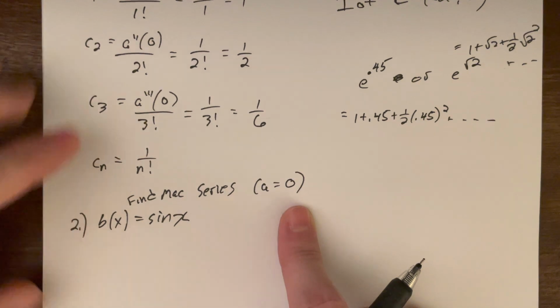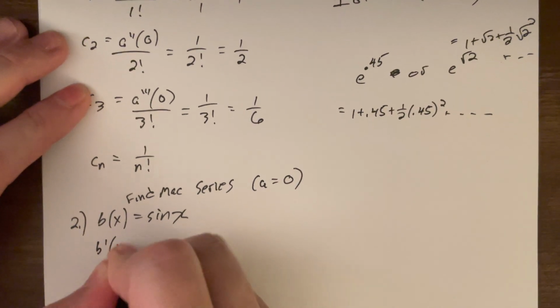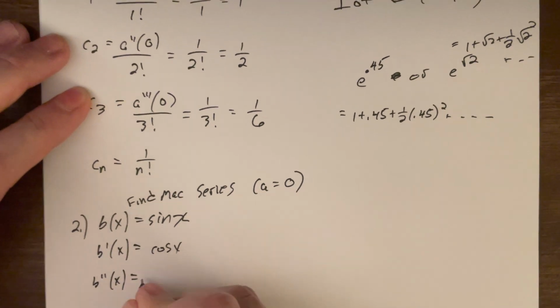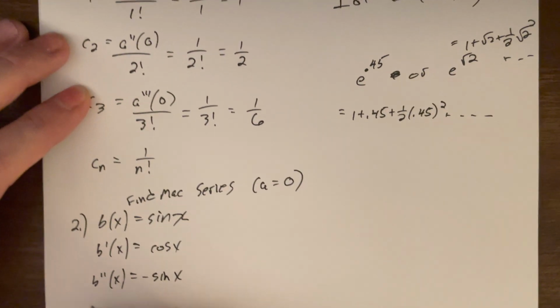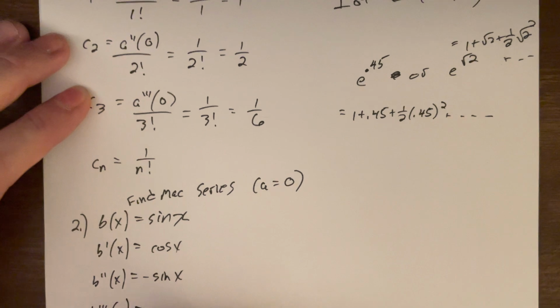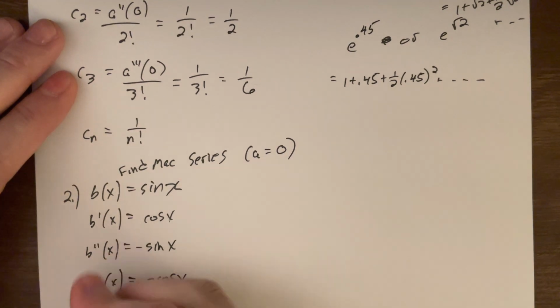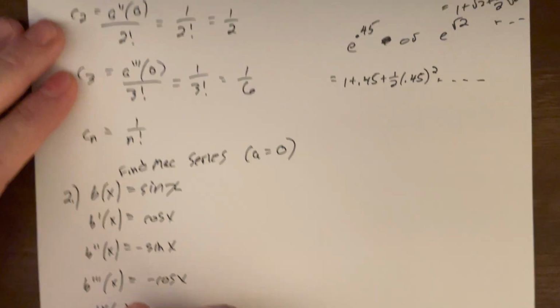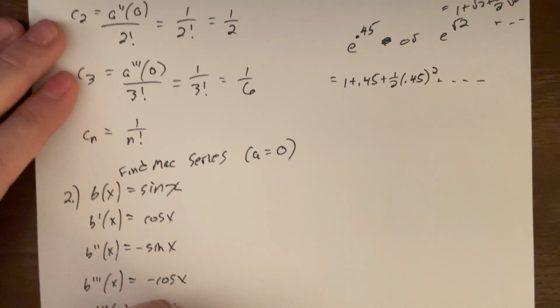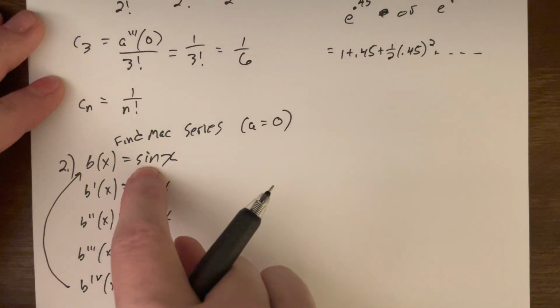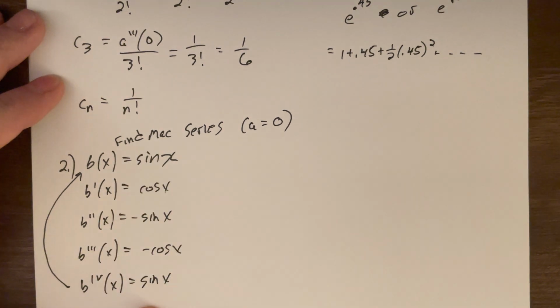But now that we're dealing with sine, well, the first derivative is cosine. The second derivative is negative sine. The third derivative is negative cosine, and then you'd repeat. The fourth derivative would take us right back to the original sine x. So that's going to help us a lot.